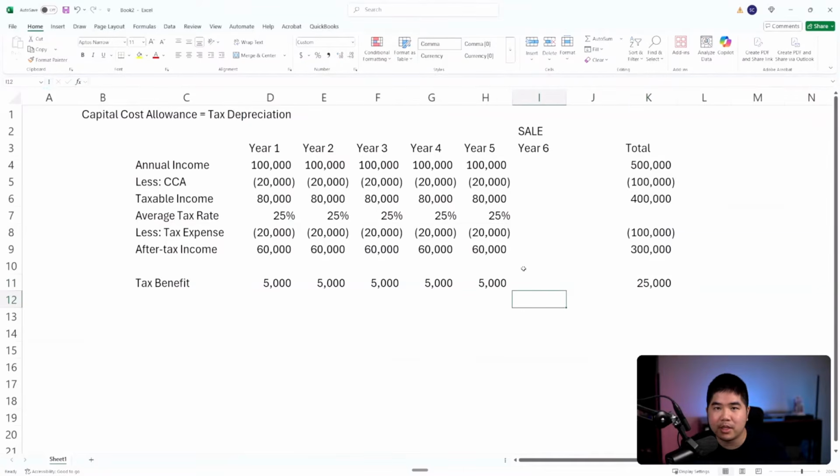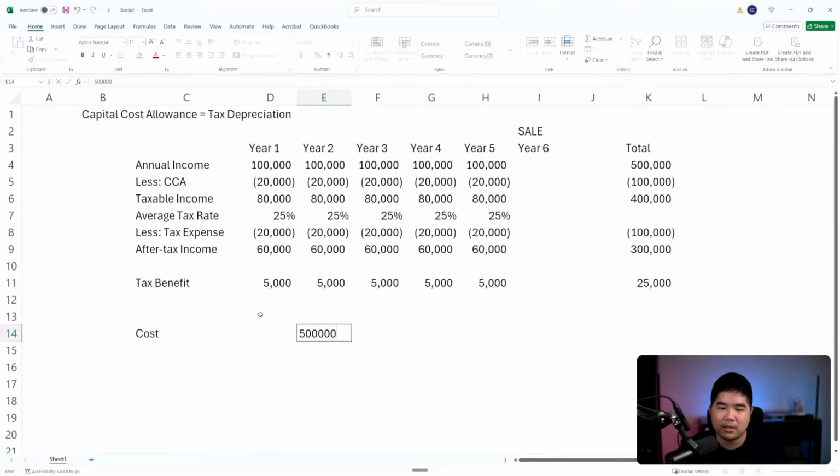That sounds great, right? But what happens when we sell it? Let's say in year 6, we sell the property at the same price or higher, hopefully higher because you want to profit from it. What will happen then? Well, let's go here. Let's say the original cost was $500,000.